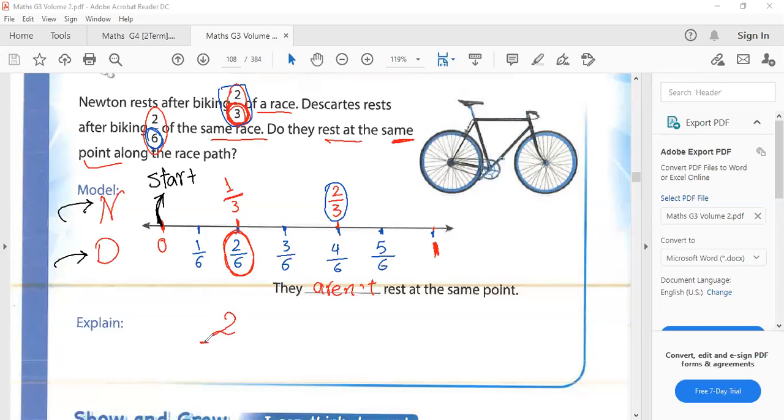Because 2/3 doesn't equal 2/6. They are not equal. 2/3 is greater than 2/6, so Newton goes farther than Descartes.